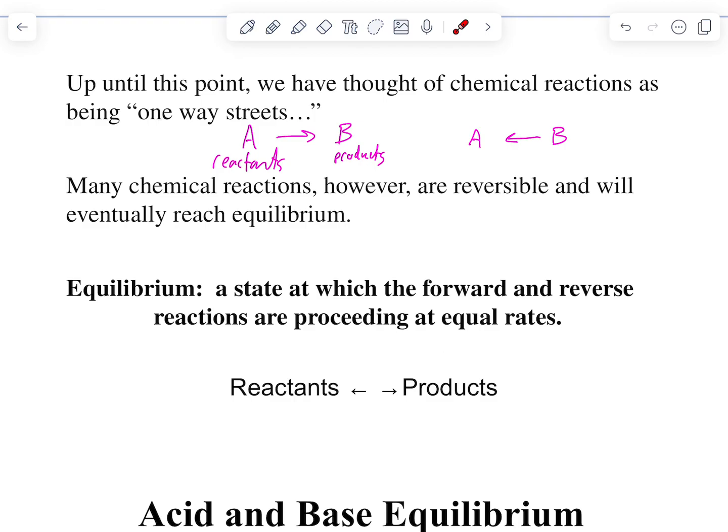So, the definition of chemical equilibrium is the state at which the forward reaction rate and reverse reaction rate are equal. In other words, for every forward reaction taking place, the reverse reaction is taking place, and if both of these processes are occurring at the same rate, that is what we call equilibrium.